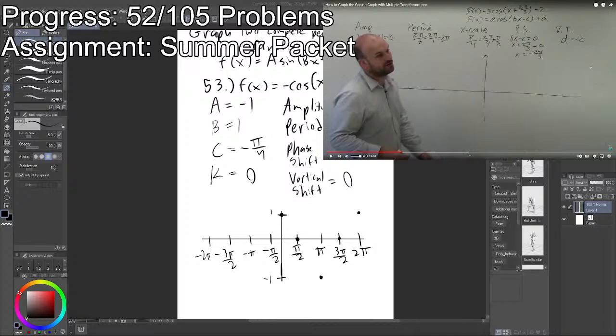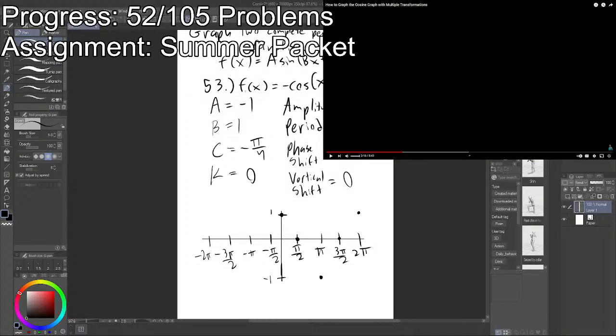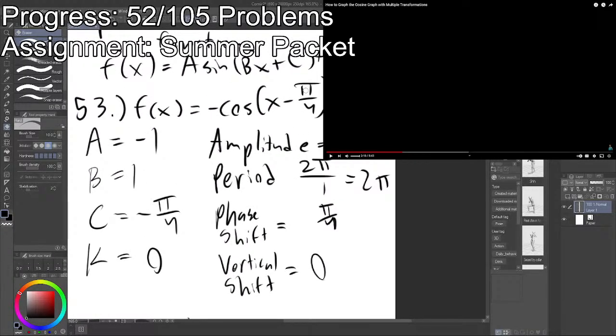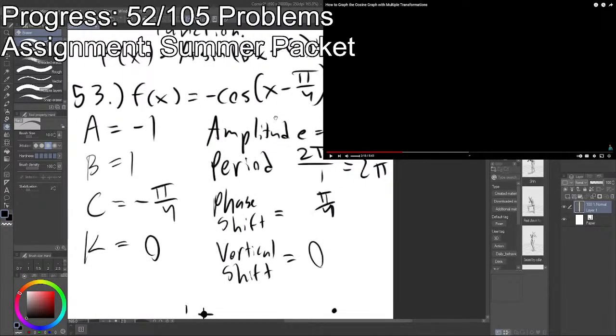Wait a minute. It would be positive pi over 4 then, for the phase shift. But not. How do I do it? Period equals, or wait, phase shift, c over b. Positive c over b left, I guess, something else. Okay, so the c is negative, the b is 1.